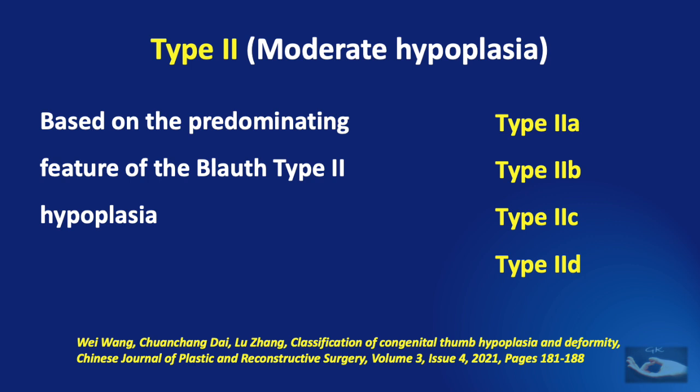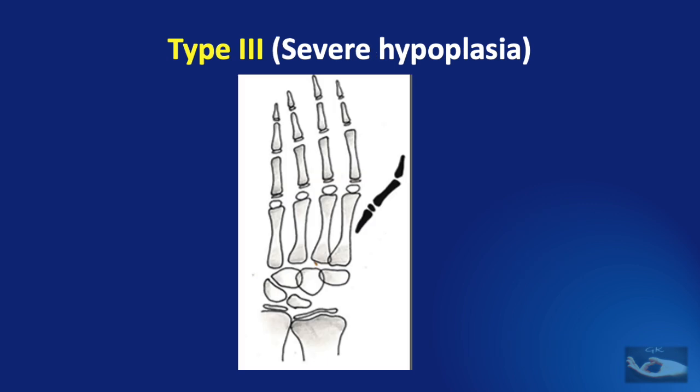When the flexor pollicis brevis muscle is hypoplastic, it is known as type 2C. And when there is moderate hypoplasia of the supporting and stabilizing structures of the thumb bones, it is known as type 2D. Type 3 congenital thumb hypoplasia is otherwise known as severe hypoplasia.